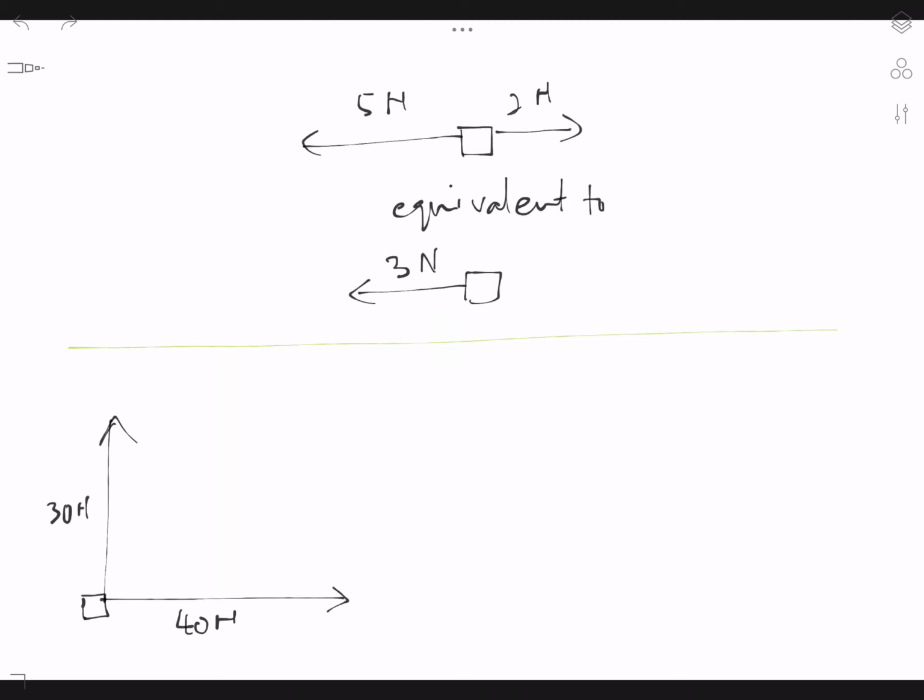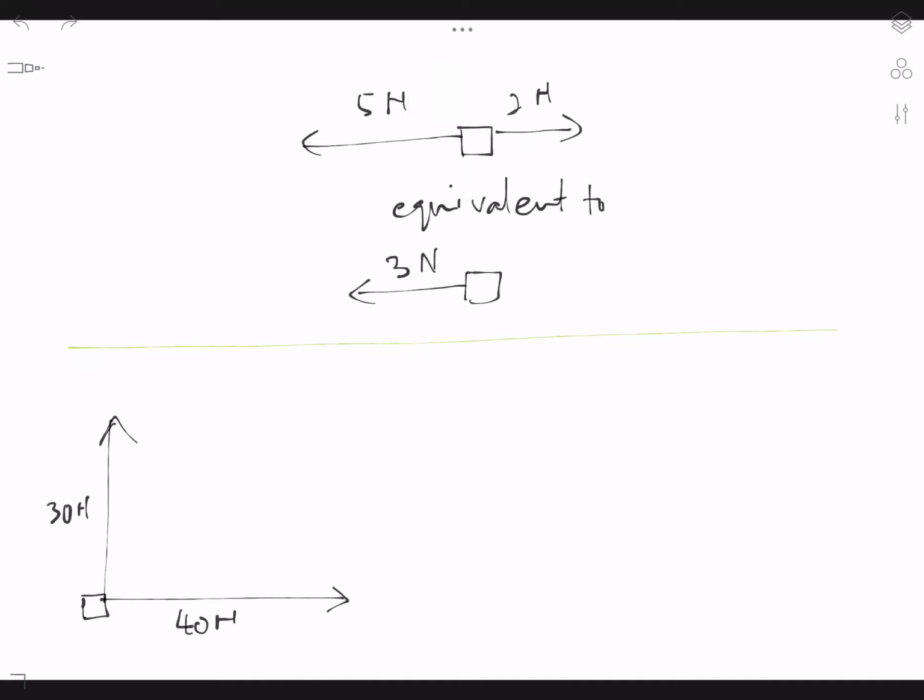By applying vector addition, 5 minus 2, you get 3 Newton. So this object will move to the left with a force of magnitude 3 Newton. So this one is equivalent to this one.